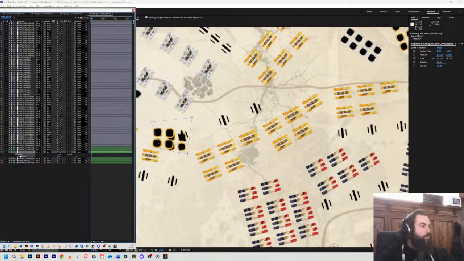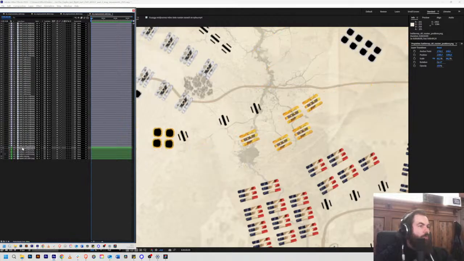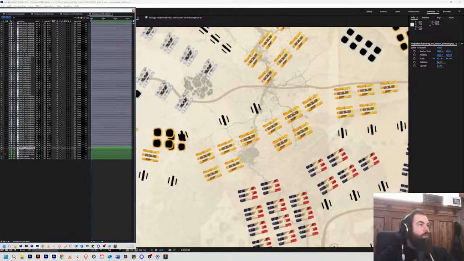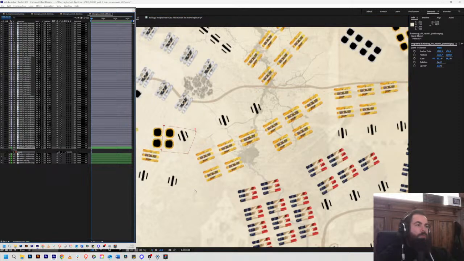Oh, wrong mask. Also wrong mask. Should be working.